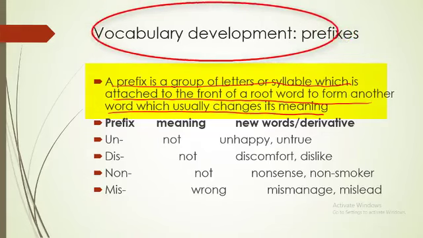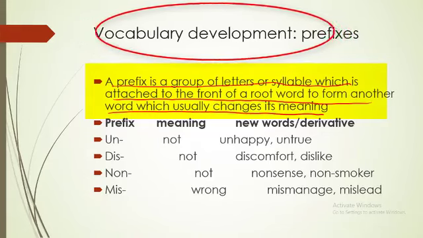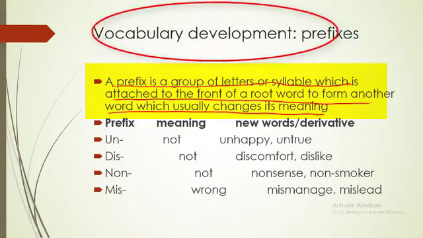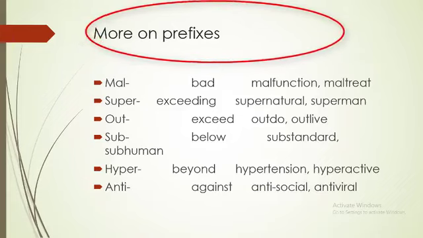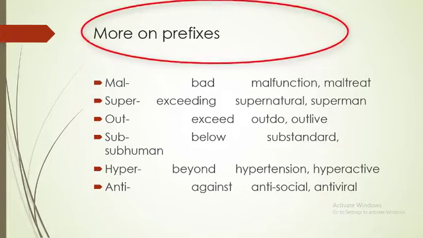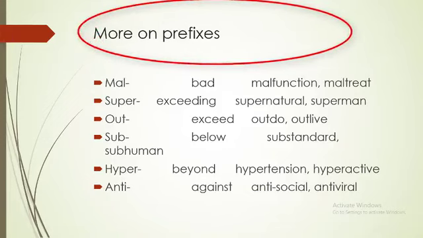Non also means not. We have nonsense, that means it's not making sense. Non-smoker. Then we have mis, which is used for wrong, like mismanage, mislead. It's negative. Then we have mal, which means bad.